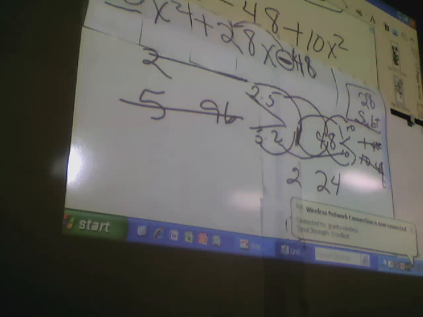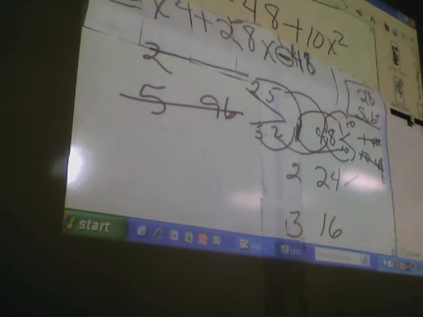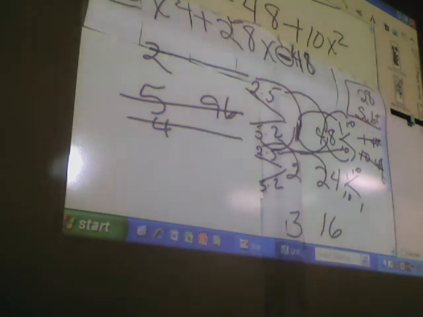Okay, let's go down a little bit more. 1 times 10, 10 times 1, 2 times 5, and 5 times 2. 2 times 2 is 4. 24 times 5 will be way too big. 5 times 2 is 10. 2 times 24, 48.